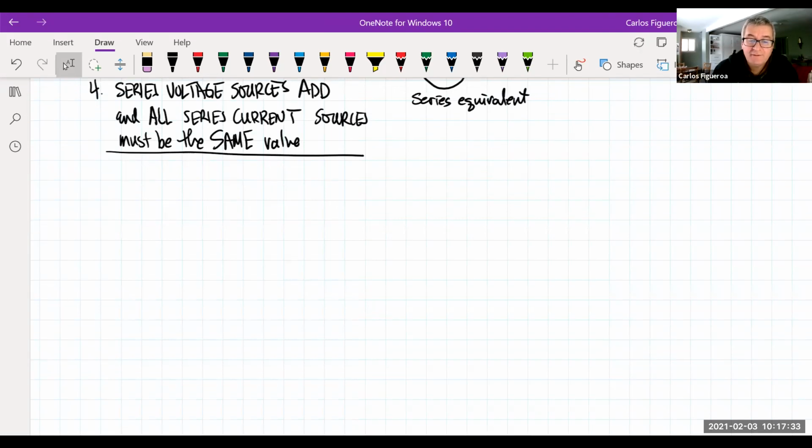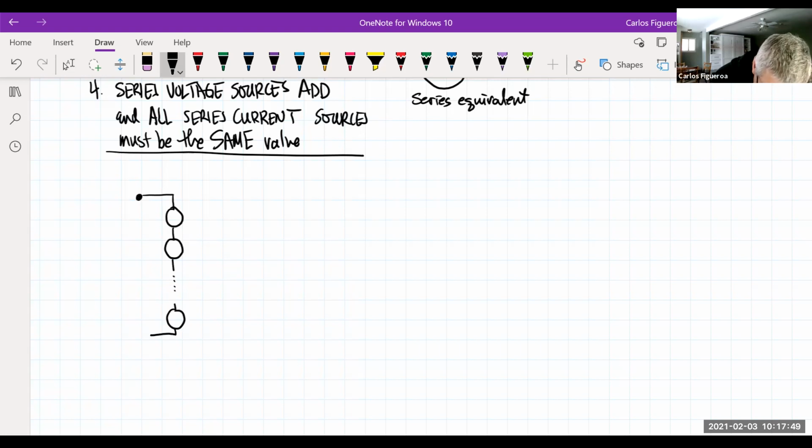So what you find here is that if I have a branch of sources, however signed, so this could be V1, this could be V2, this is Vn. If I have them in series, I can take one of these sources and draw an equivalent of this.